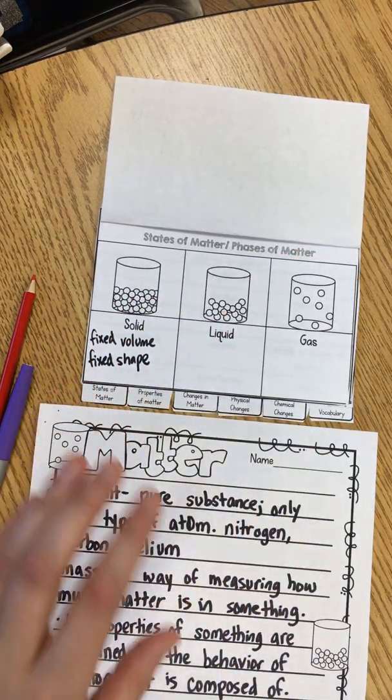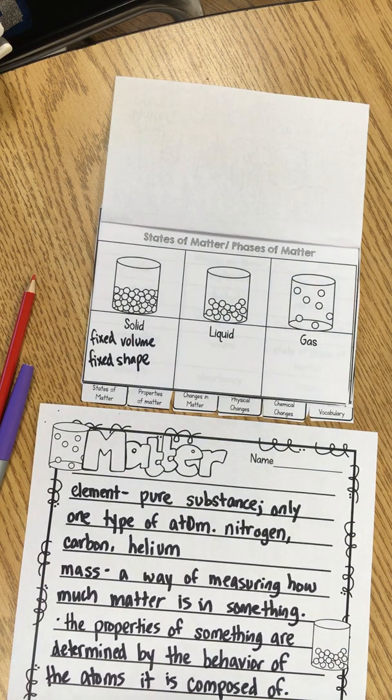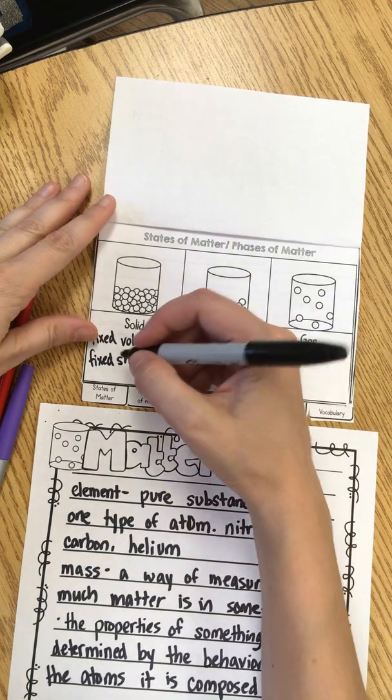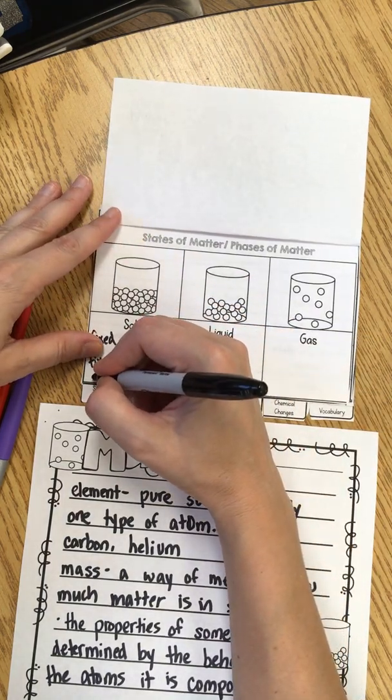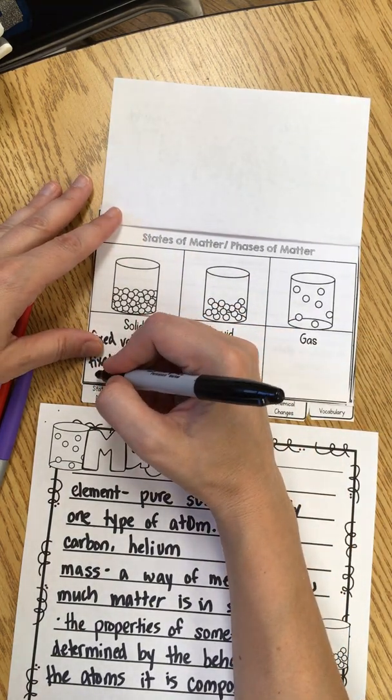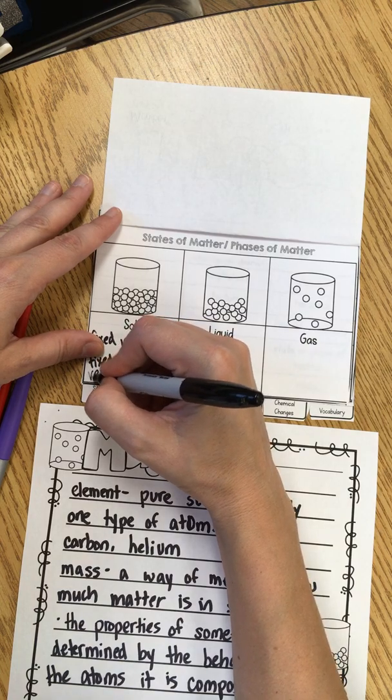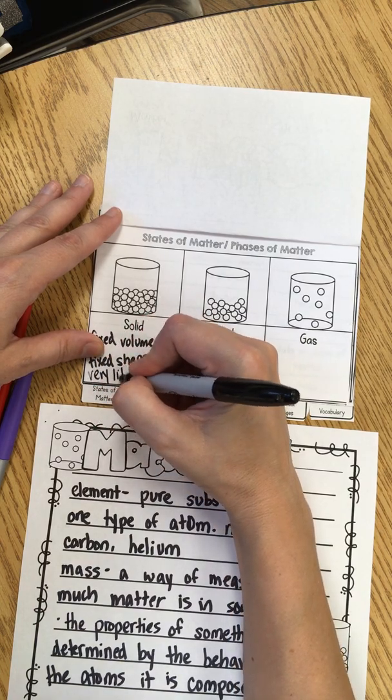If you're doing this work on Kami, you would simply insert a text box onto this part of your flip book and type in there that solids have a fixed volume and fixed shape, and that the atoms in a solid are so tightly packed together that there's very little movement of the atoms.